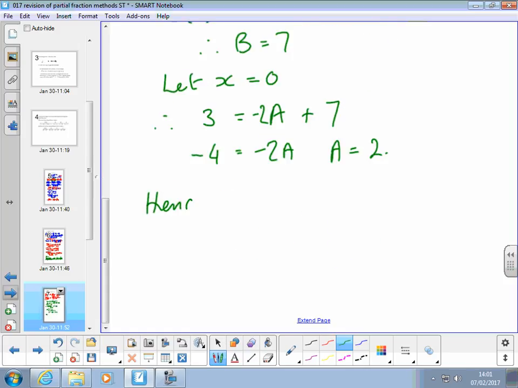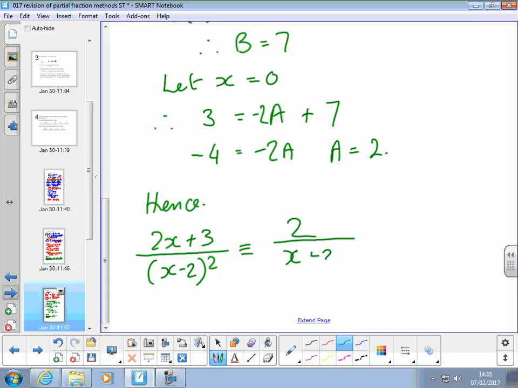Hence, in summary, (2x + 3) over (x − 2) all squared is equivalent to 2 over (x − 2) plus 7 over (x − 2) all squared.